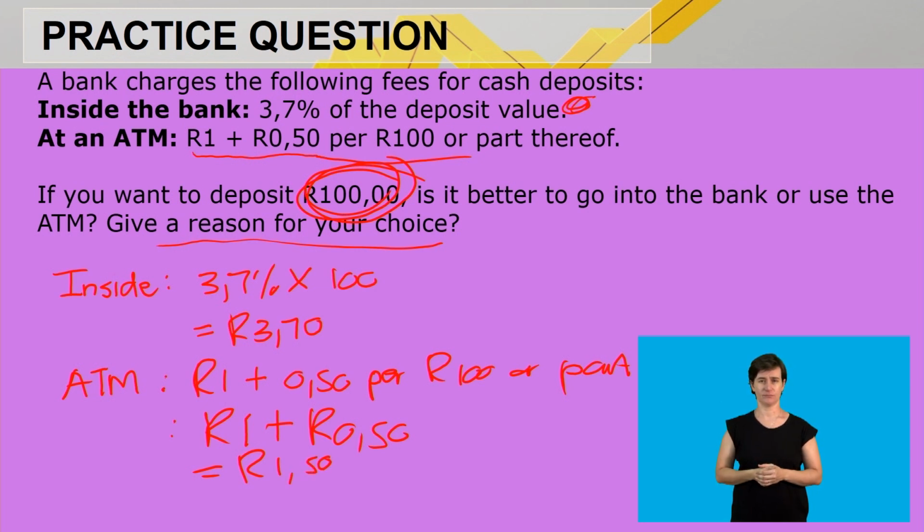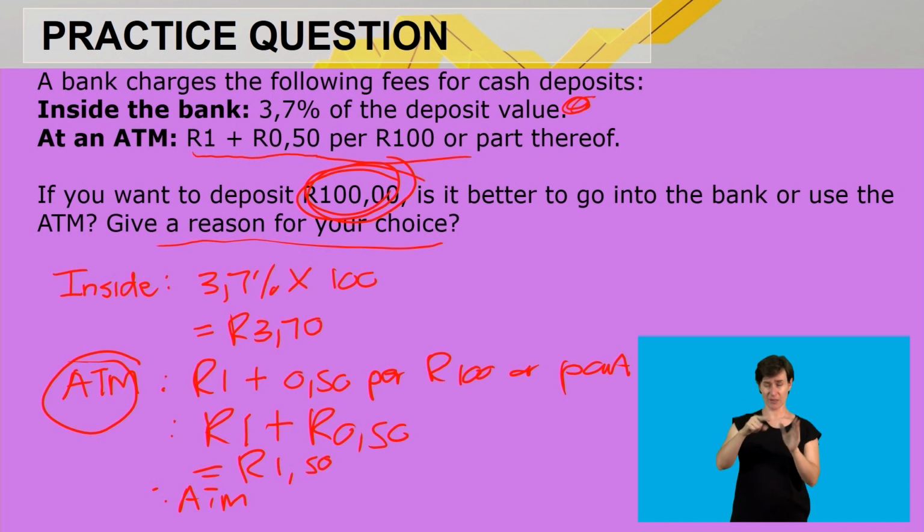So now, where will you go? You will go to the ATM. Why will you go to the ATM? We need to show. I will go to the ATM because the difference is going to be 3.70 rand minus 1.50 rand, and that is 2.20 rand.